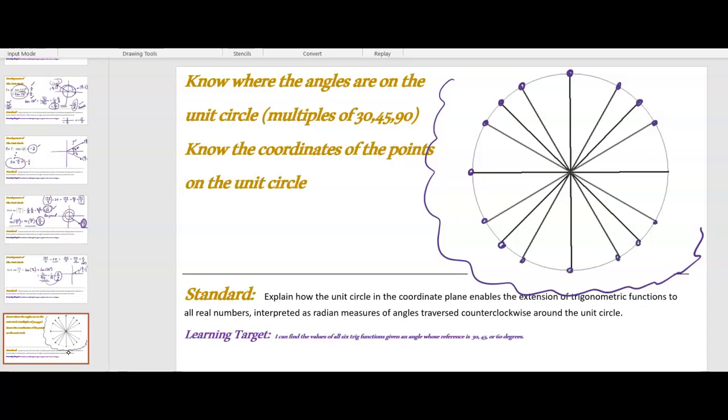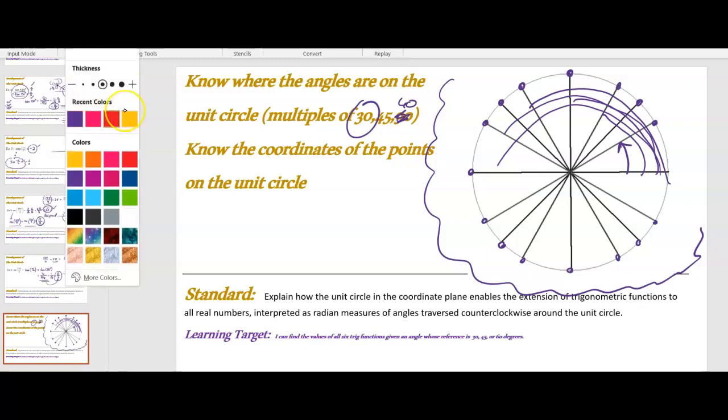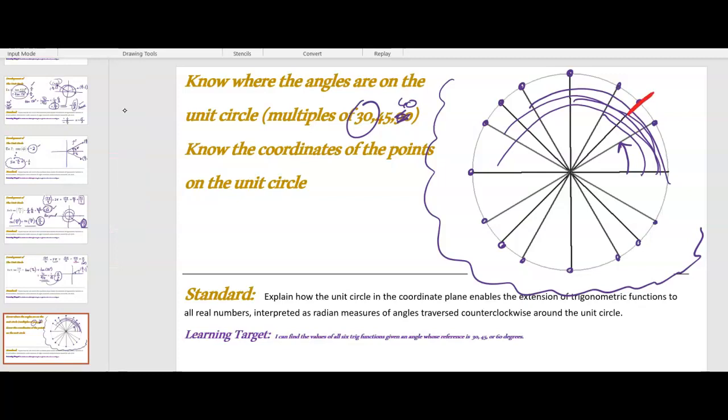all of my multiples of 30 degrees: 30, 60, 90, 120, 150, 180, all my multiples of 30 and 60. All of my multiples of 45, remember my 45s are those ones that are in the middle.